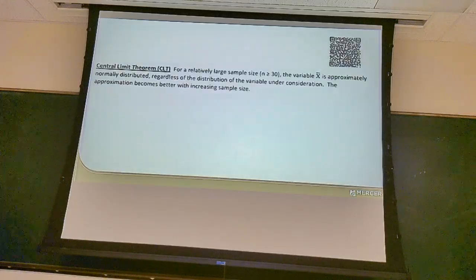If you have a relatively large sample size, the variable x bar is approximately normally distributed regardless of the distribution of the population from which it came. Obviously, the approximation becomes better as you increase your sample size. Until theoretically, using a little bit of calculus, if you let n approach infinity, then x bar will be perfectly normal.